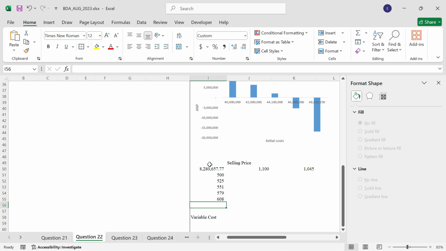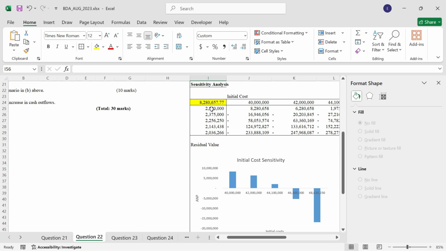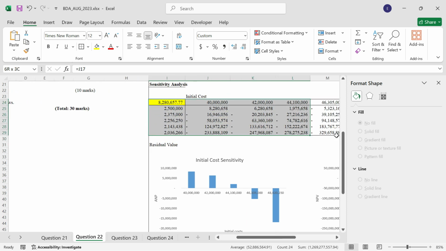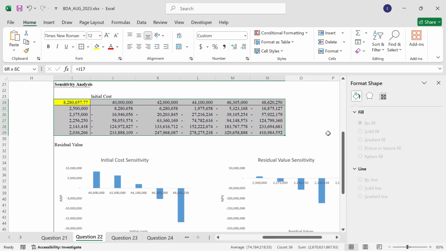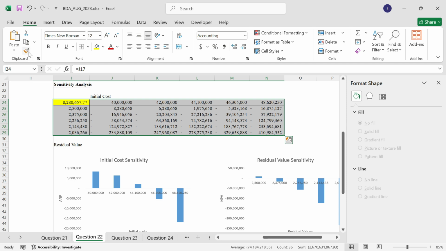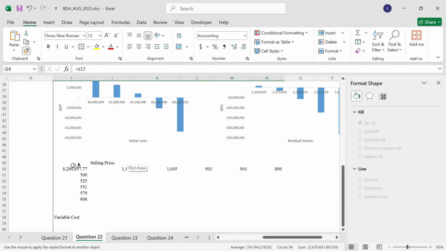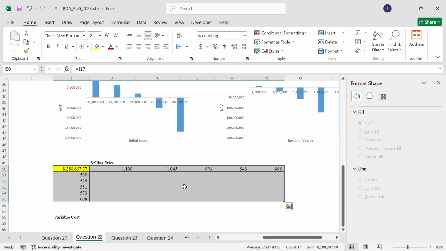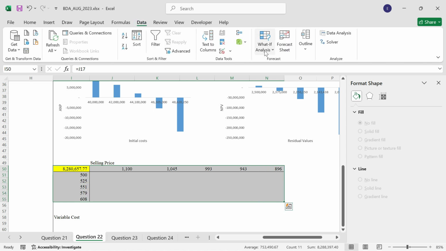We can then prepare our data table in a similar fashion as before. Again, select the data table, go to data, what-if analysis, data table.